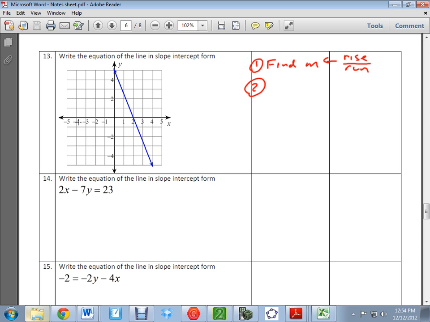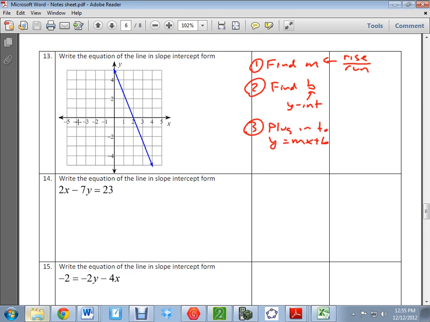And then find the other thing: find b, which is the what? The y-intercept, where it's crossing the y-axis. And then I want to take m and b, and plug them into y equals mx plus b. These are the steps, okay?